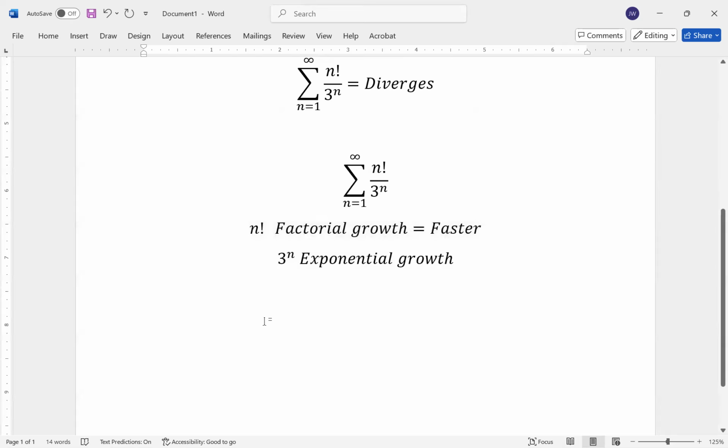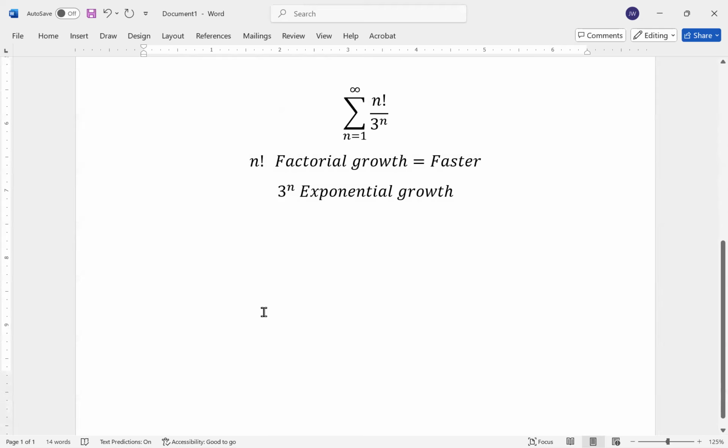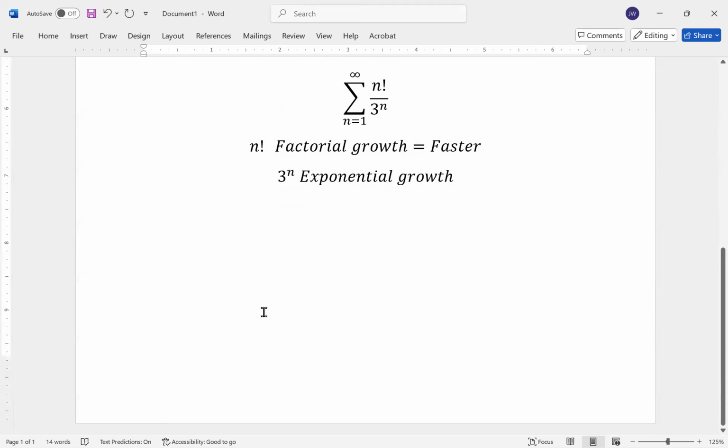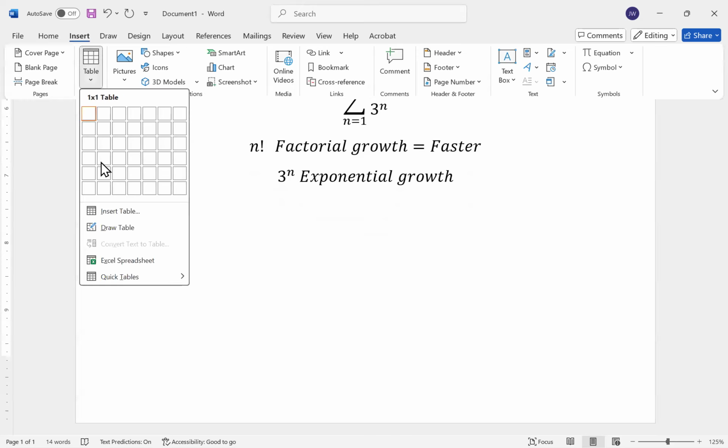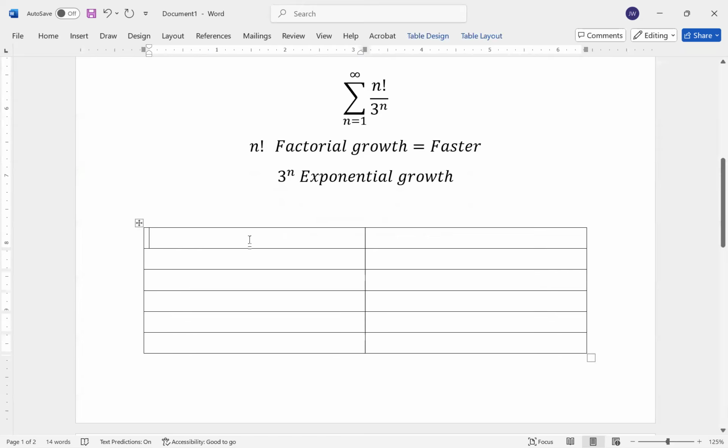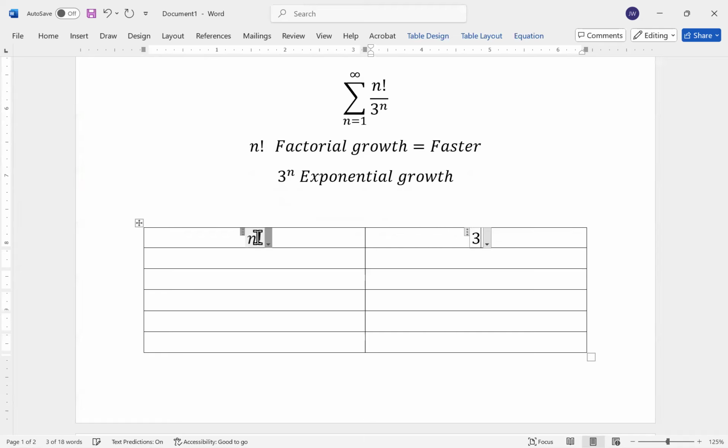Hopefully that makes sense. You could, if you wanted to, create a table to show that. In fact, let me go ahead and do that right now. So we'll look at n factorial versus 3 to the nth power.